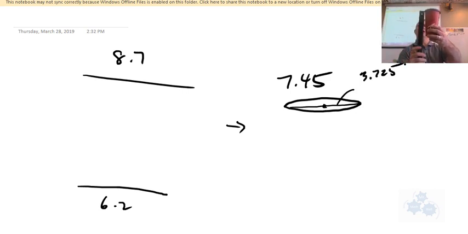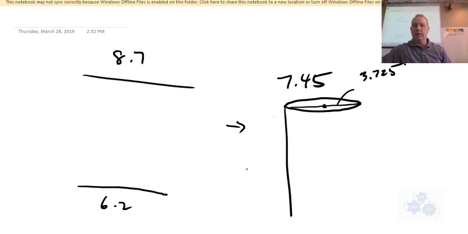So the overall height, what's your guess? 14.7. Actually, let's go 14.5 because there's a bit of a lip. Actually, let's just go 14 centimeters because there's quite a lip there. So we've got 14.0 centimeters.